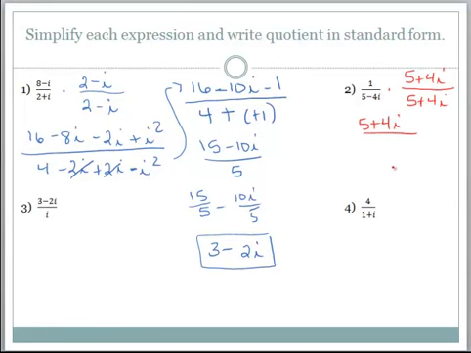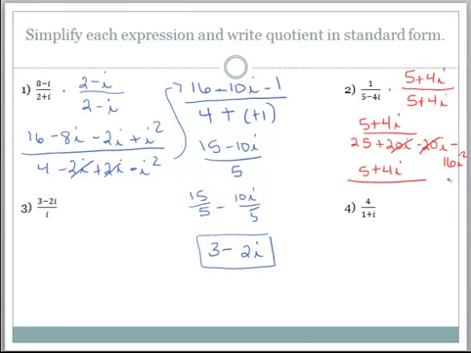What about when you multiply the denominator? 5 times 5 is 25, 5 times 4i is 20i, negative 4i times 5 is negative 20i, and negative 4i times positive 4i is negative 16i squared. So you end up with 5 plus 4i all over, these two go to 0.